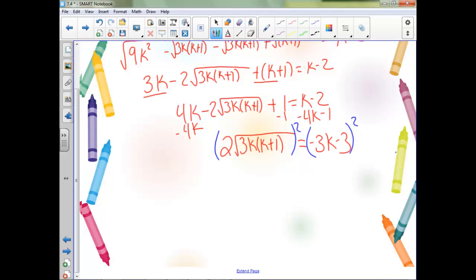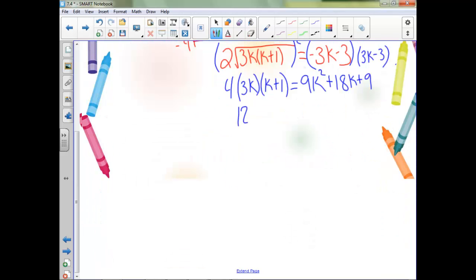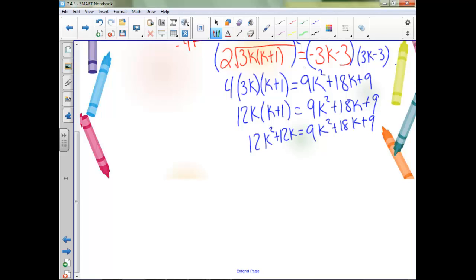Remember, this just means times itself again. Four times 3k. Let's go ahead and get everything on the same side since we've got squared terms.